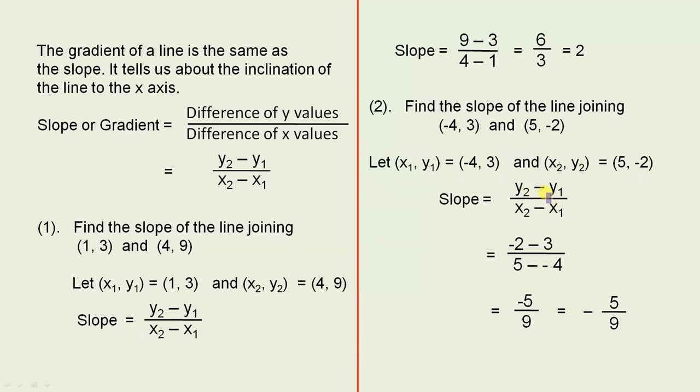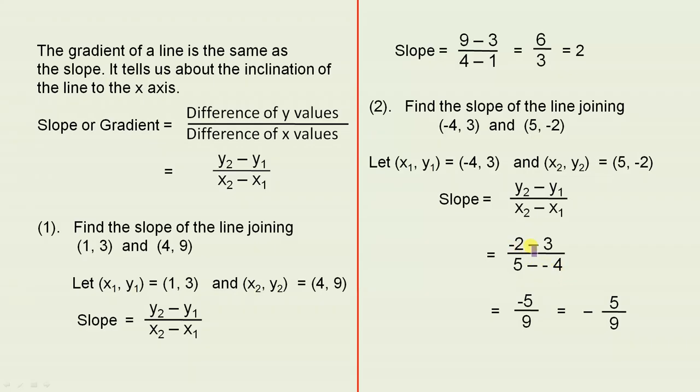So y2 minus y1 will be minus 2 minus 3, and x2 minus x1 will be 5 minus negative 4.